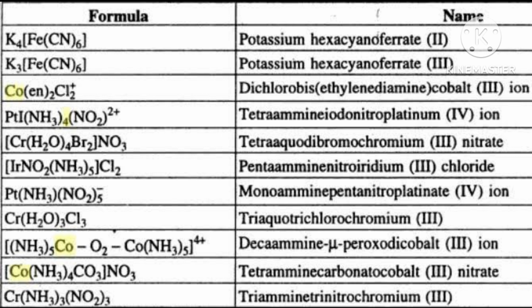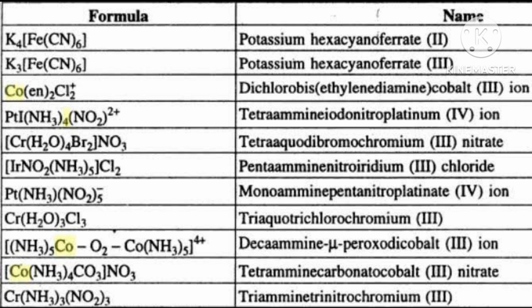Another example I am telling you: chromium H2O whole 6, Cr(H2O)6. H2O is neutral, no charge. Only oxygen has a lone pair of electrons that it will give to the d orbitals. But the charge is 0.